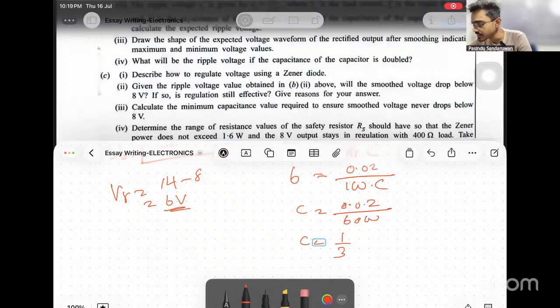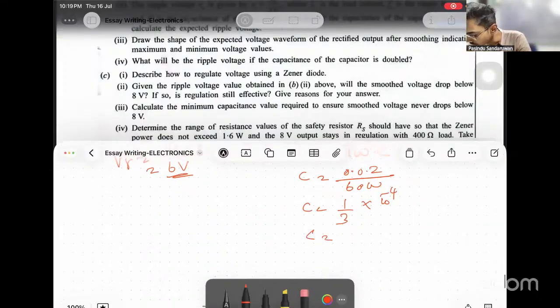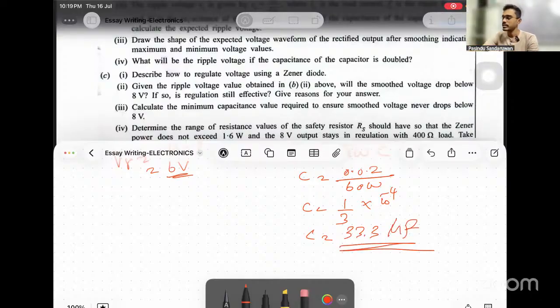Then 600 is 10 to the power 2, so altogether 10 to the power minus 4. This is 0.33, which means 33.3. You can keep it in microfarads: 33.33 microfarads.